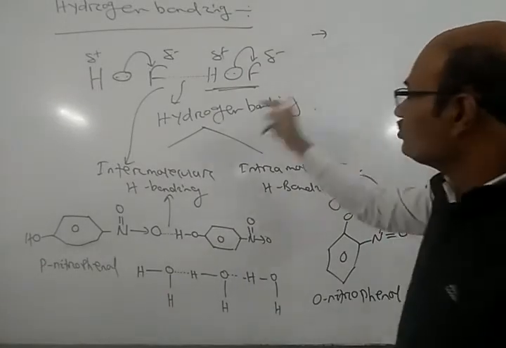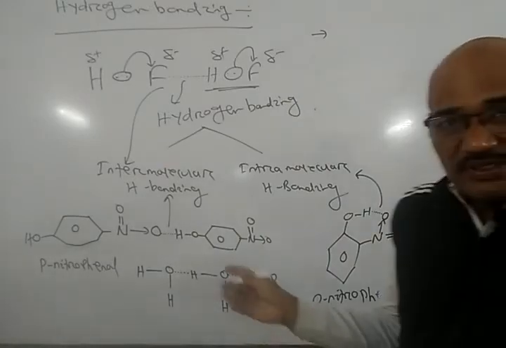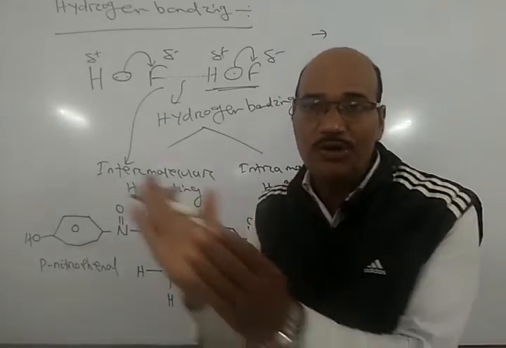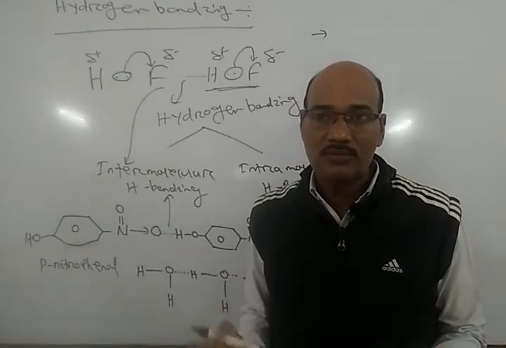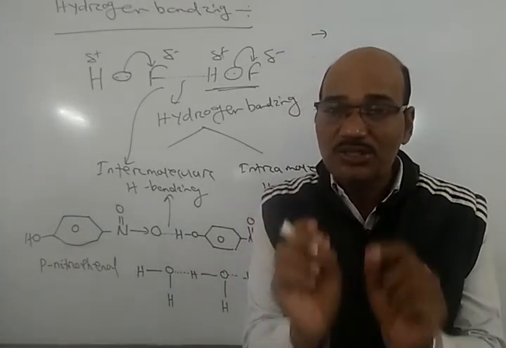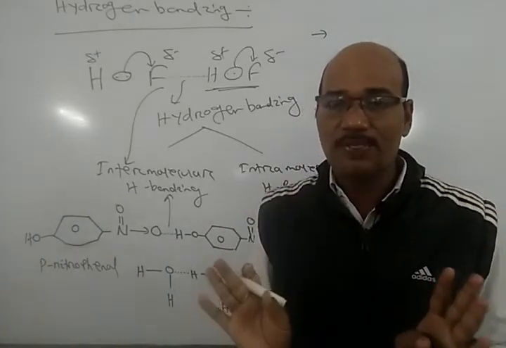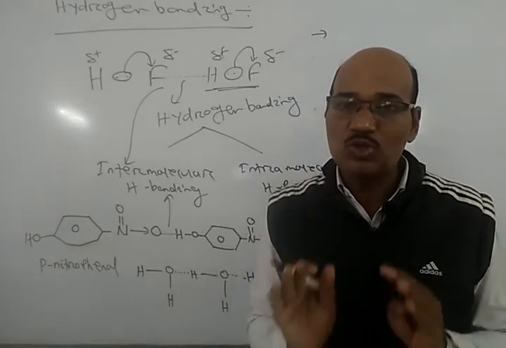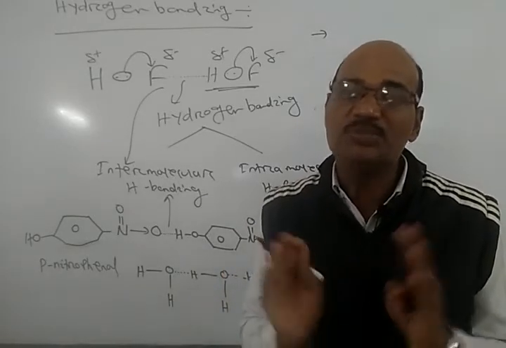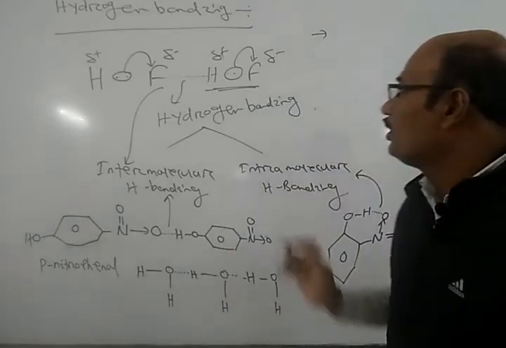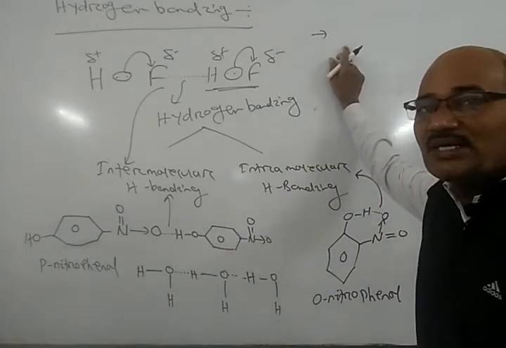Okay, so what are the conditions for the formation of this hydrogen bonding? Because the name itself is hydrogen bonding, hydrogen is the essential atom present so that hydrogen bonding is possible. So hydrogen should be the essential element.